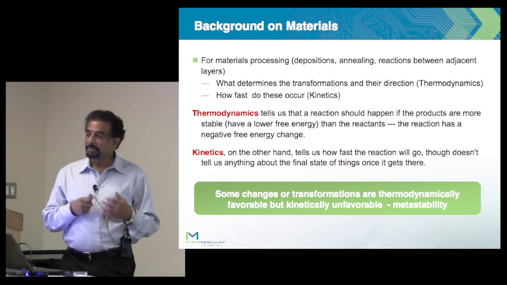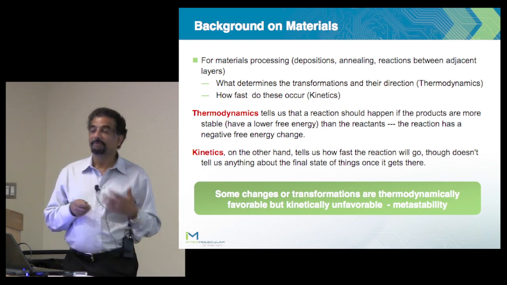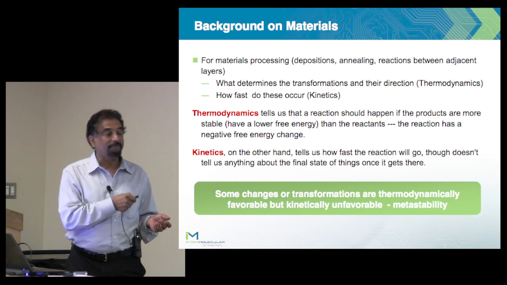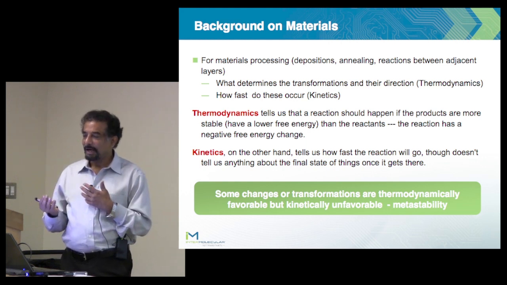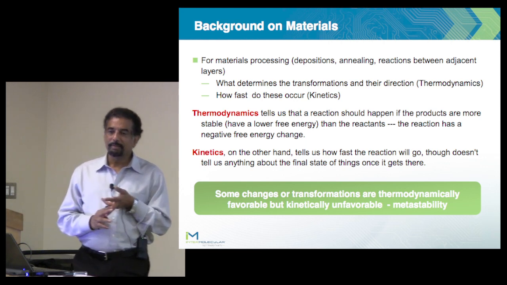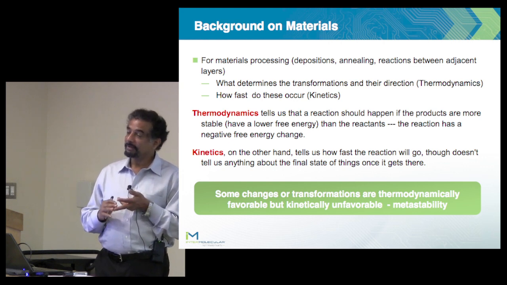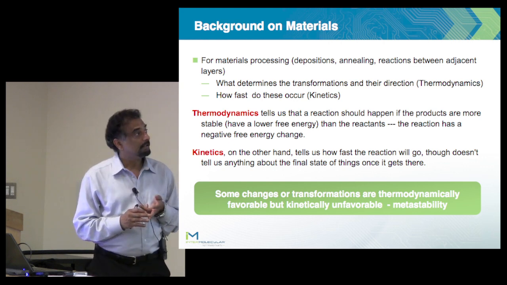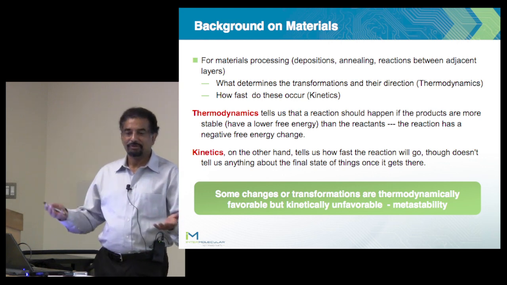But just because something can be changed doesn't necessarily mean it'll happen fast enough, and we are really interested in how fast these occur. So we are interested in kinetics. Anytime I look at a materials problem, I ask: is it possible thermodynamically? And secondly, even if it's possible thermodynamically, can I do it fast enough that it's useful?